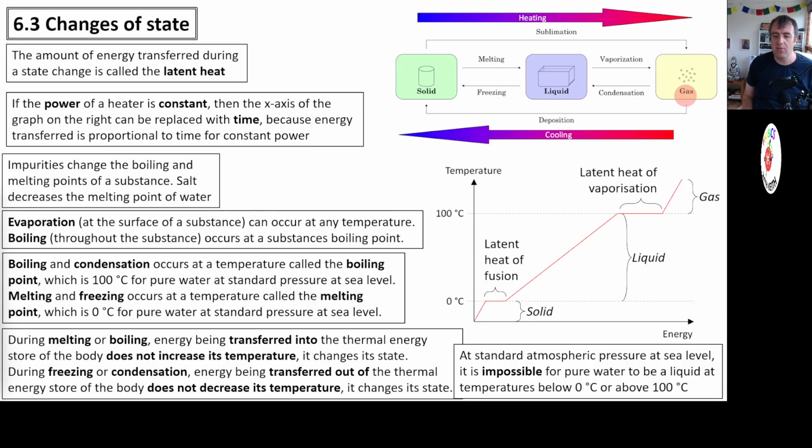Some people would think evaporation, well, okay, we're turning liquid into a gas, so that must increase the energy. Well, it doesn't. What we're doing is we're just removing the most energetic molecules from the surface of the liquid, which means the average energy of the molecules left is lower. So it has the effect of cooling the substance, which of course also reduces the rate of evaporation, which is why the likelihood of a puddle completely evaporating is, well, it takes longer and longer to evaporate over time.